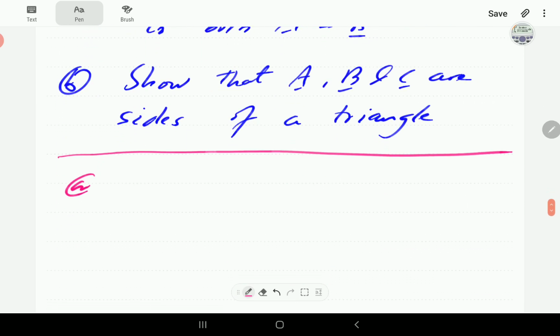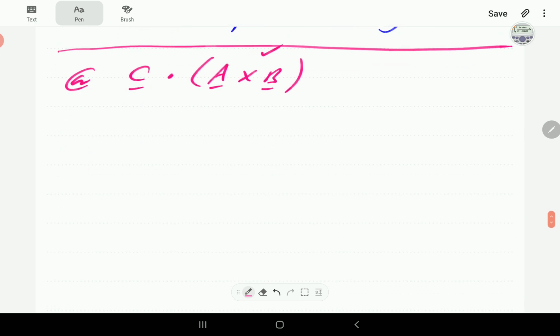So in the first instance we need C dot A cross B. First we're going to work out the quantity in the brackets, in the style of a matrix.